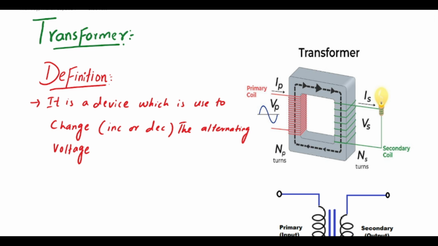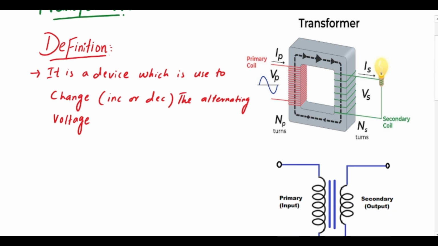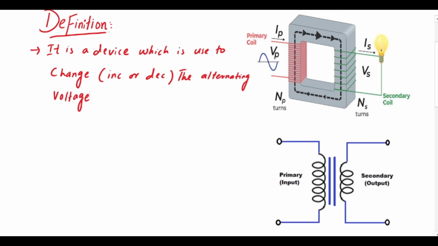Any confusion in the definition? No, sir. Next is, what are the main parts of the transformer? तो बेसिक हम पहले लिखते हैं कि what is the basic principle? What is the principle of the transformer?